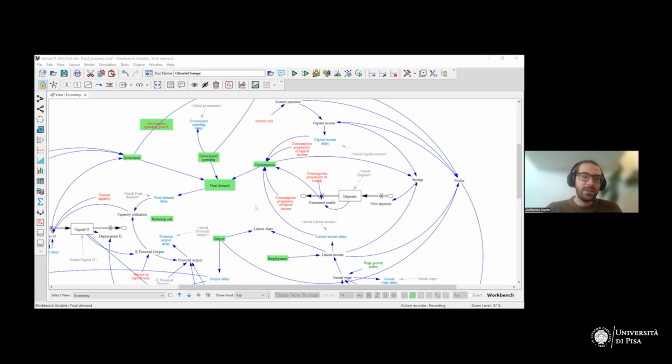For instance, when we have climate damage, we have damage on the capital stock and labor productivity. This leads to an increase in prices, and then it reduces demand due to the fall in the real final demand. So nominal demand is the same, but real demand falls.